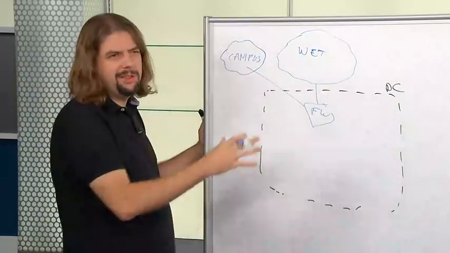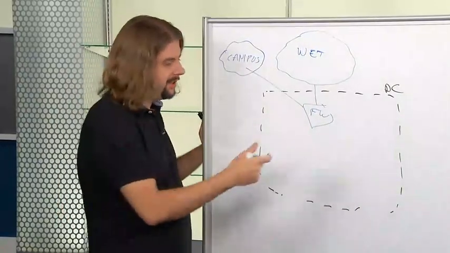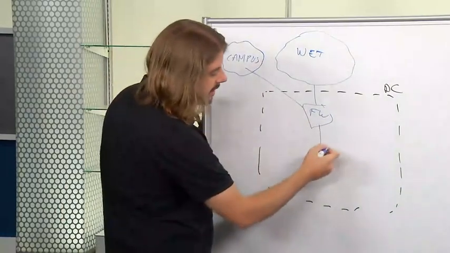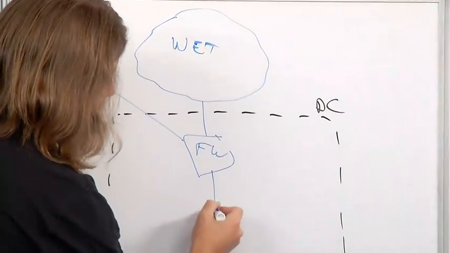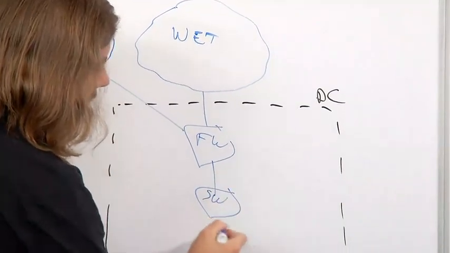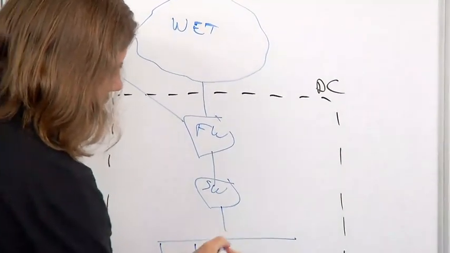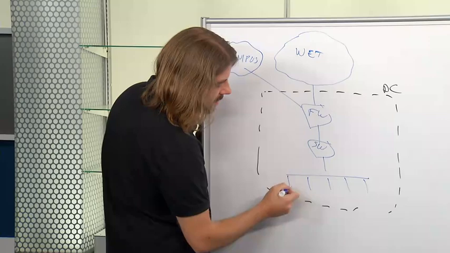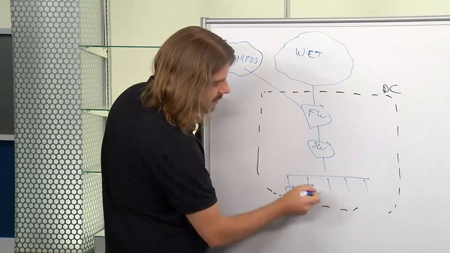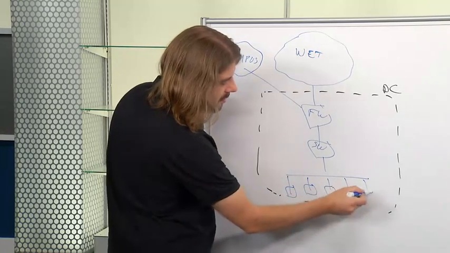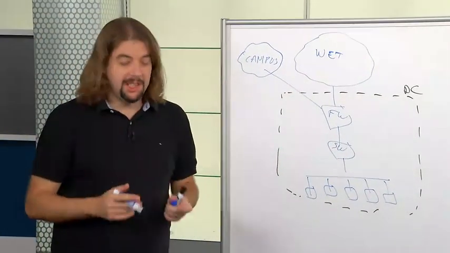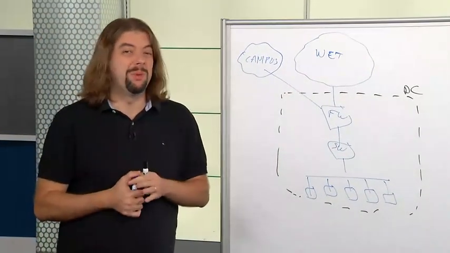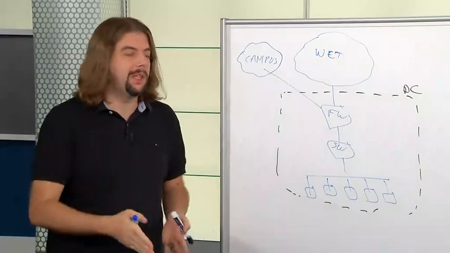I mean, they probably would be different firewalls, but let's just simplify it for the sake of this demo. And let's add maybe a switch. And a bunch of workloads. Okay, makes sense. Fairly simple DC. I mean, I don't think it's a real representation of a DC, but at least as simple as we can get to talk through there.